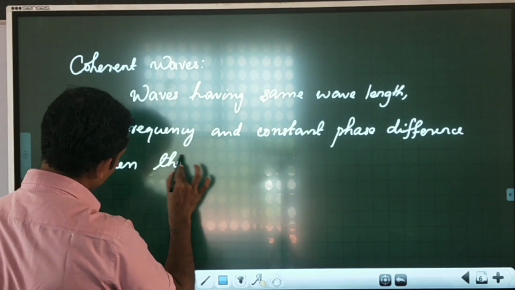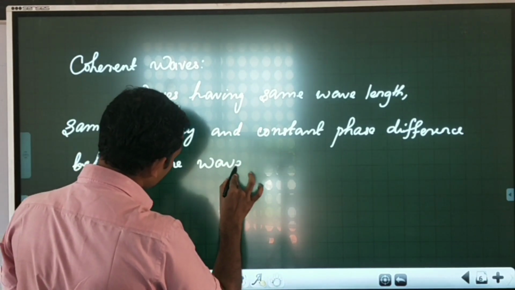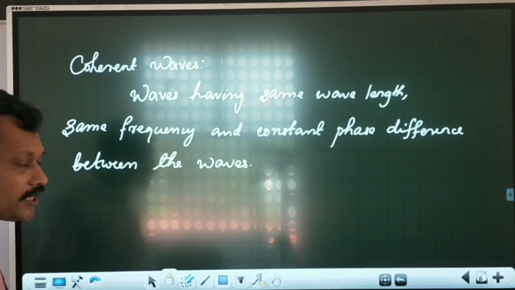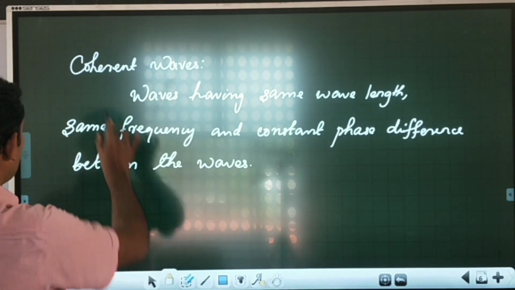So waves having same wavelength, same frequency and constant phase difference between the waves are termed as coherent waves.